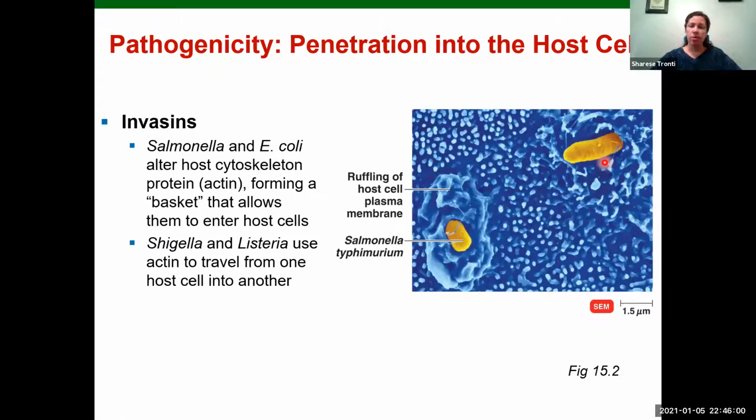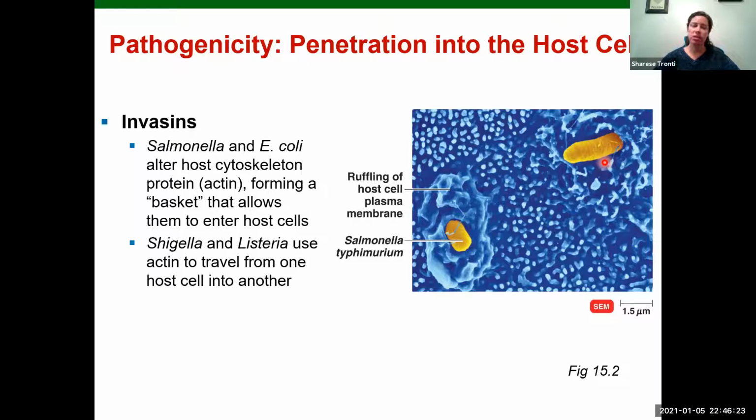All right, a couple of factors that help to penetrate the host cell are called invasins. A couple of examples: Salmonella and E. coli will alter the cytoskeleton protein. If you remember from anatomy, you probably went over the cytoskeleton. It's made of actin.